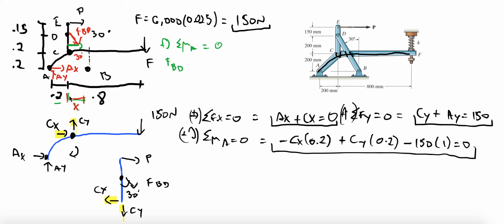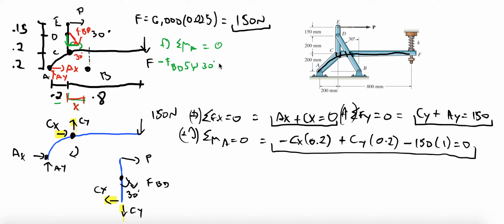It's going to want to rotate the mechanism about point A in the clockwise, so minus clockwise direction. So minus FBD, and that was sine 30, correct?